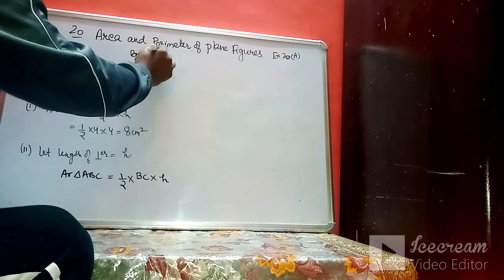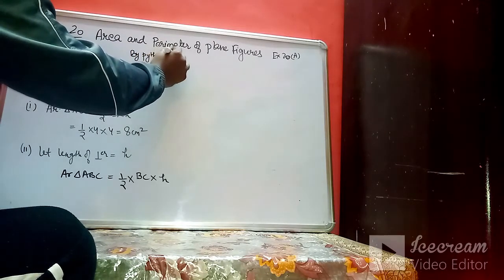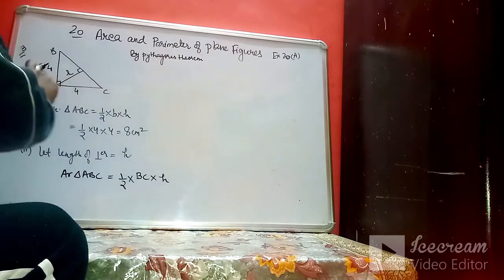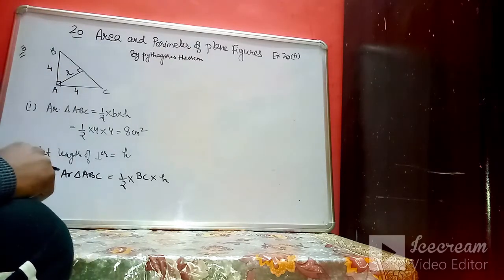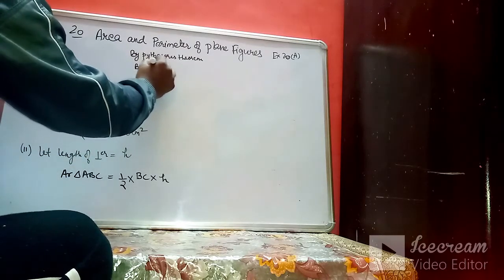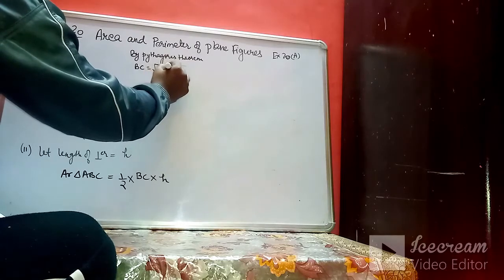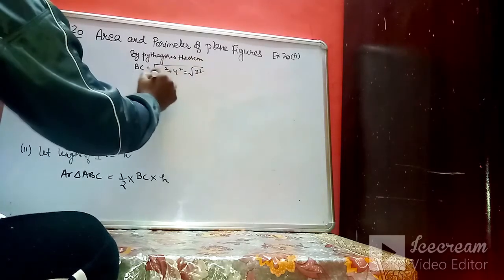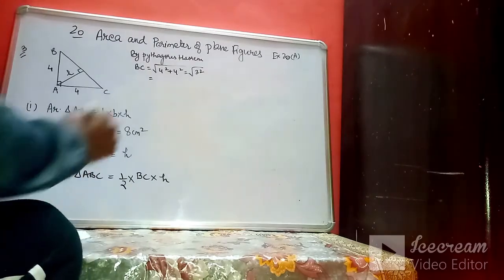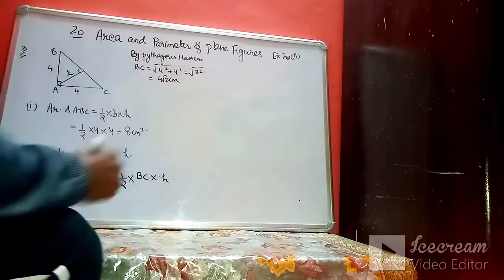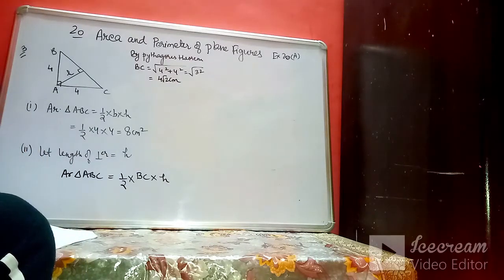So BC we will calculate by Pythagoras theorem, or you can use the trigonometric principles also, because this is 4, this is 4, this angle will be 45 degrees. So by Pythagoras theorem, BC will be under root 4 square plus 4 square, that is root 32, or we can write it as 4 root 2 centimeter. So this is the value of BC.